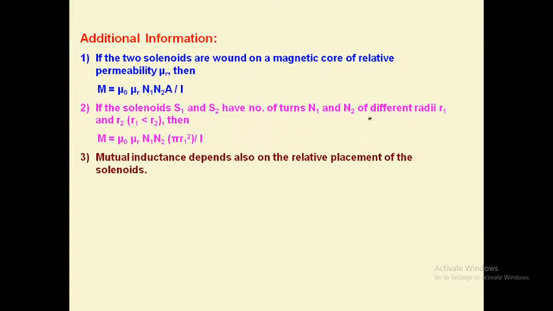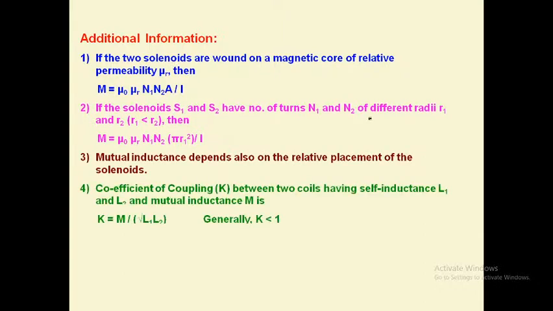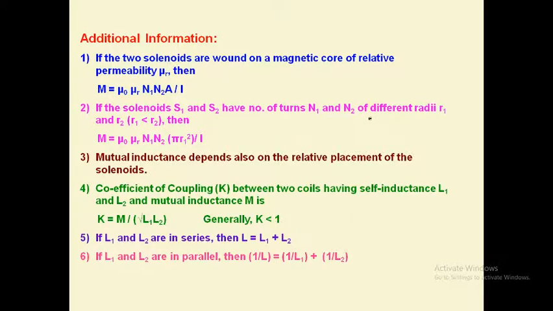Mutual inductance depends on the relative placement also, and there is a term called coefficient of coupling, which is defined as M upon under root L1 L2, where M is the mutual inductance and L1, L2 are the individual coefficients of self-induction for both the coils.